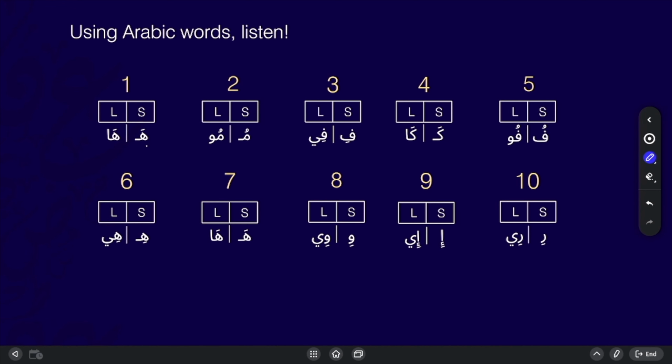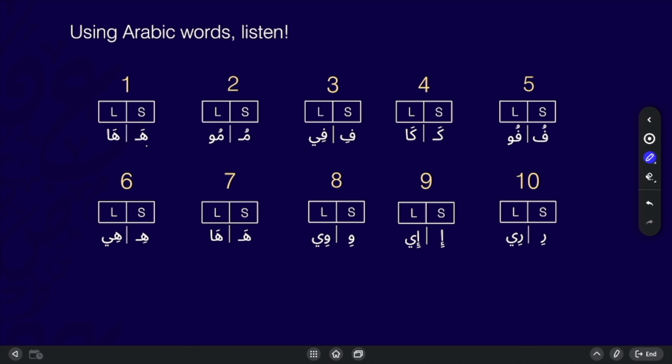Is it long or short? The word is marfood. 6, we're listening for the sound ha, and the word is hilal. Is it short or long?